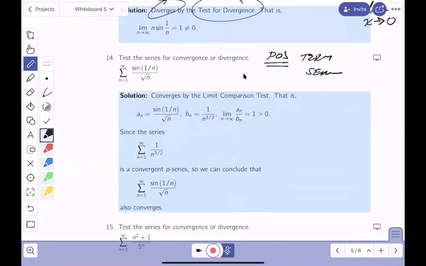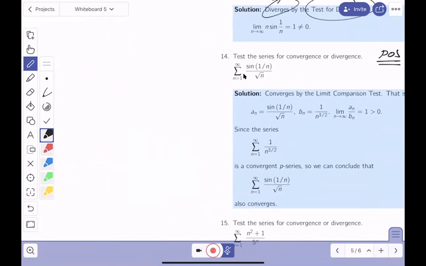And I'm going to use a comparison test on it. If someone says, why are you choosing 1? I know 1 is greater than or equal to sine of any number. So what do I know now?